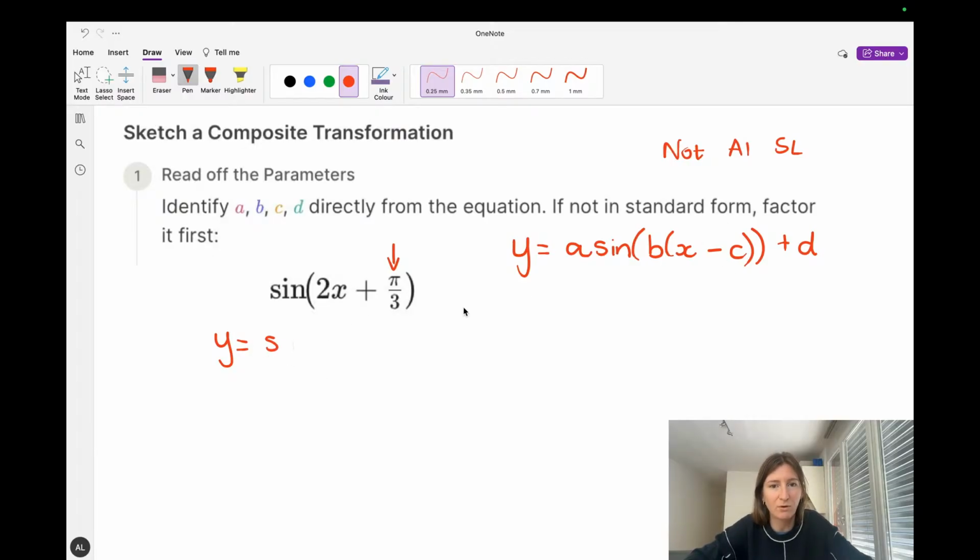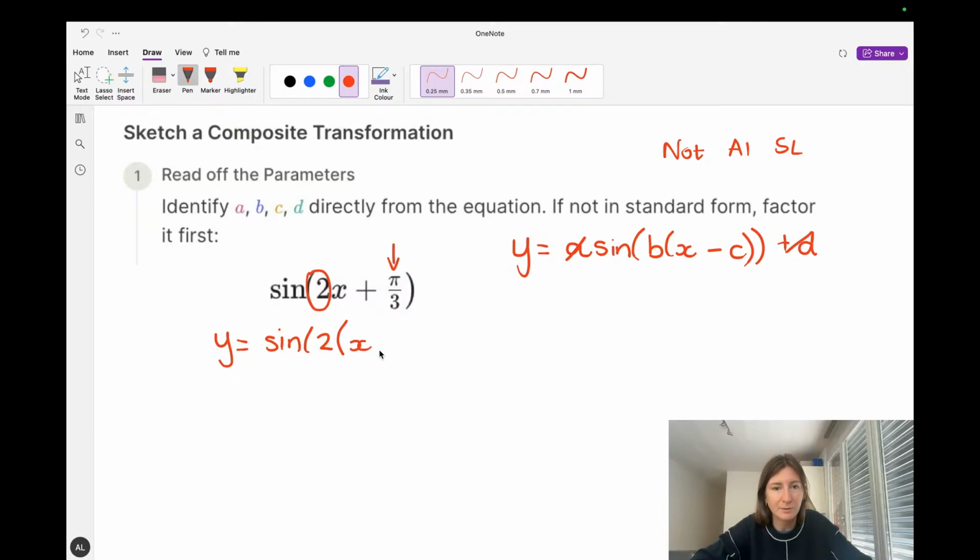If we want to put it into that form, well, we don't have an a, so that's fine. We don't need to account for that. And we're not adding or subtracting anything, but we do need to put it into this form. So what we need to do is factor out this 2. If I factor out the 2, I'm left with x in my bracket. If I multiply out, I get 2x. That's fine.